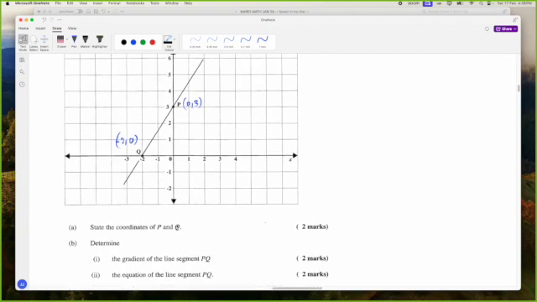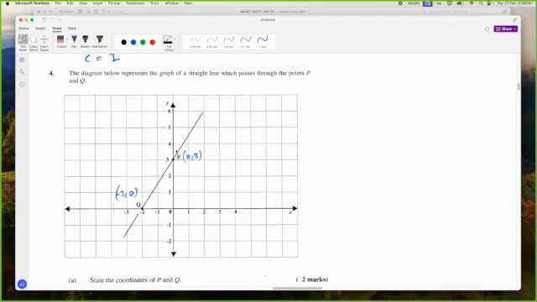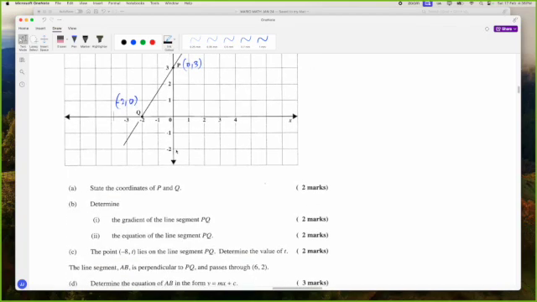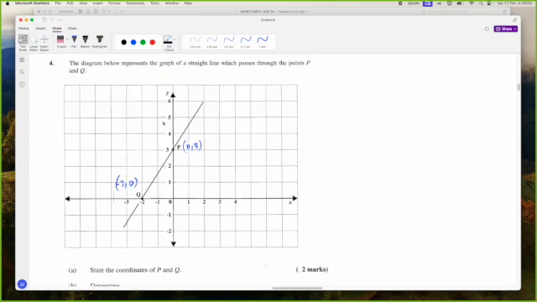Determine the gradient and the equation of this line. Right? So I want the gradient of the line for part 1 and the equation of the line for part 2. So let me do part 1 right here. The gradient m is equal to y2 minus y1 all over x2 minus x1. All right, let me use this as x1, y1, and we'll use this as x2, y2. Right?